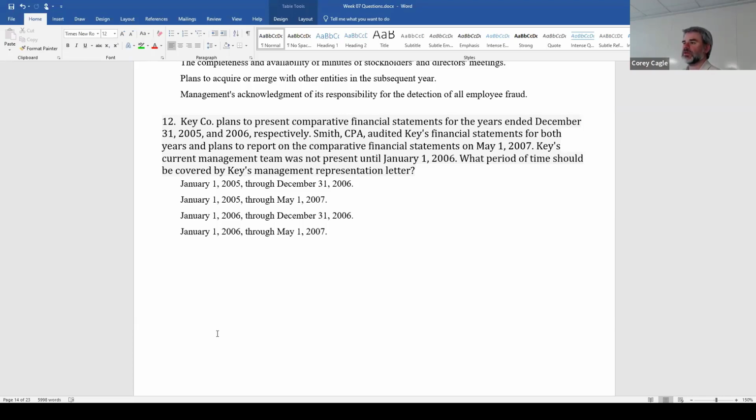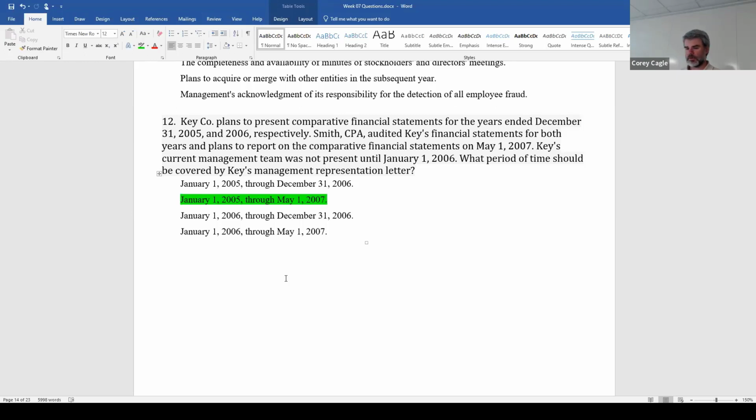So it should be the beginning of the first year presented, which is 05. So it should cover from January 1st of 05 all the way through the date of the audit report, which is May 1st of 07. That's what the rep letter covers. So a little bit of new information to learn in that.